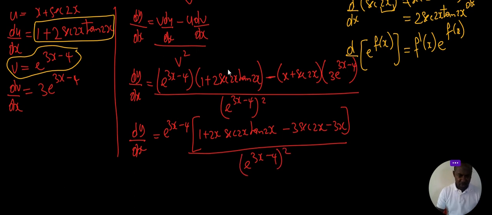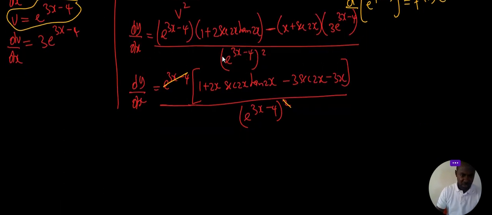Now, given the fact that we have e to the 3x minus 4 factored out in the numerator and e to the 3x minus 4 squared in the denominator, we can do some simplification. So this will divide into itself, and this will divide into that, leaving e to the 3x minus 4.